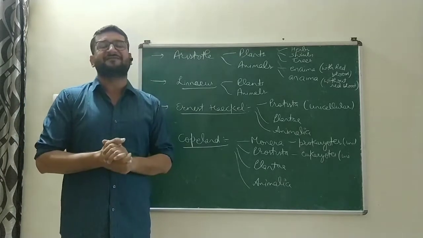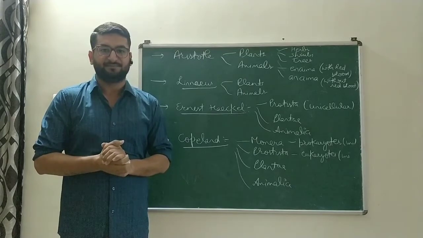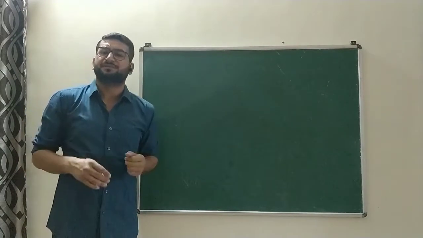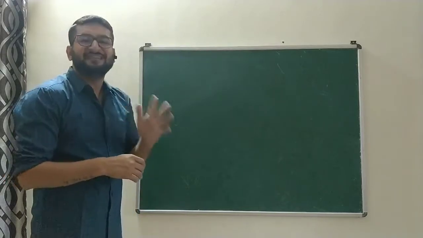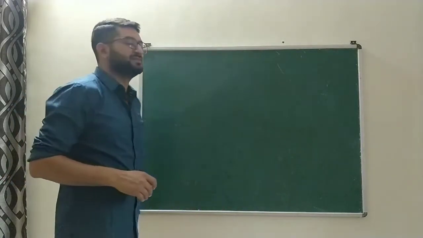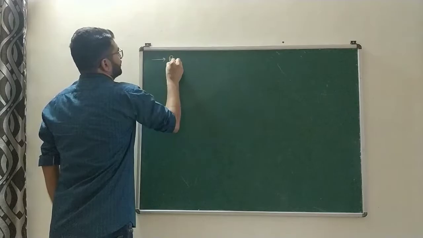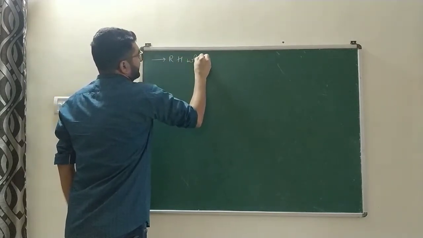And that is the five kingdom classification system. After all those systems came the five kingdom classification system, proposed by R.H. Whittaker.